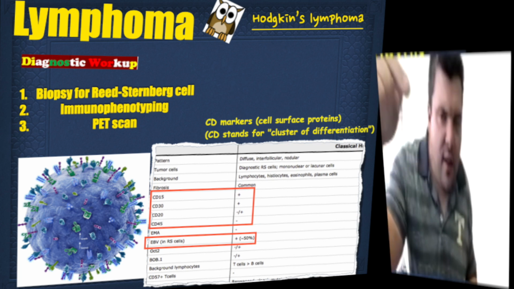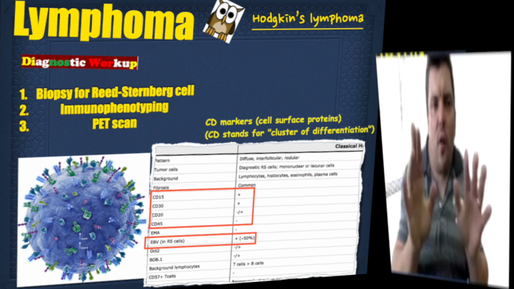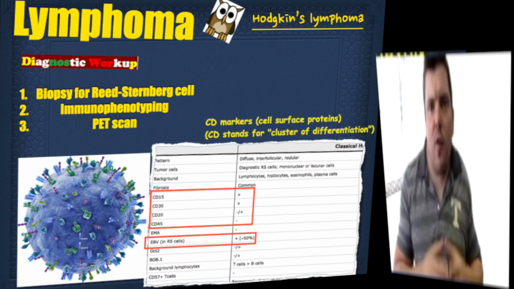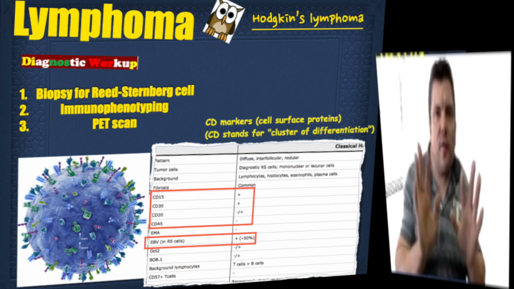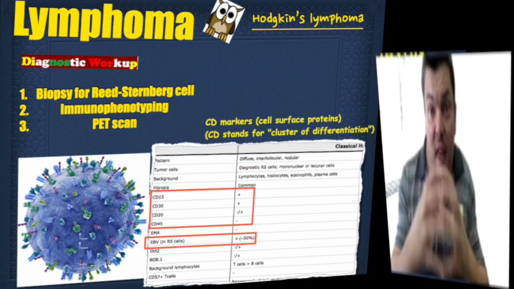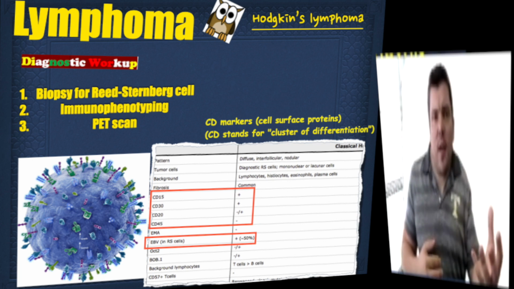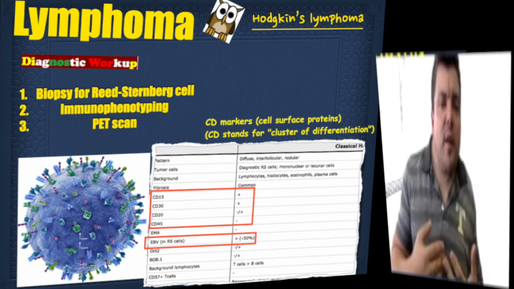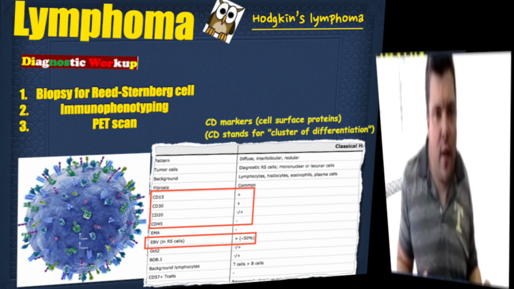See the little cell I've got kind of down in the corner of the picture? Imagine all those little cell surface proteins serve as little flags to tell our body what type of lymphocyte that particular cell is. So one subtype of B lymphocytes might express CD12, 13, and 45.